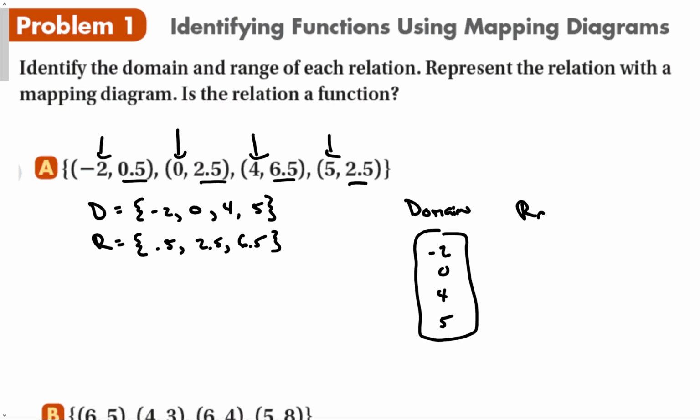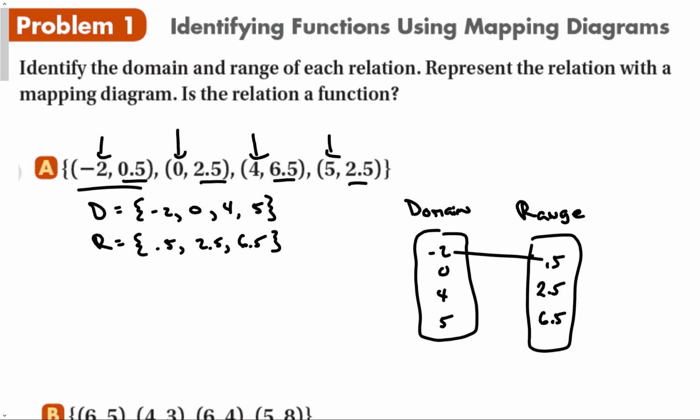And my range, we're going to make another little box, and my range goes from 0.5, 2.5, and 6.5. And I'm going to simply map which one goes with which one. So from my first point right here, -2 goes to 0.5, 0 goes to 2.5, 4 goes to 6.5, and 5 goes to 2.5 as well.